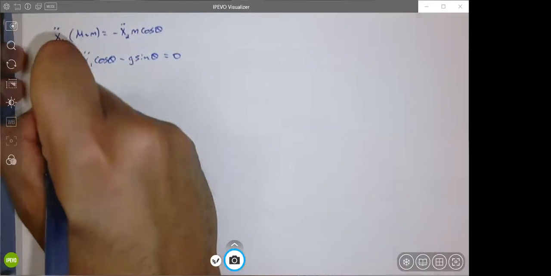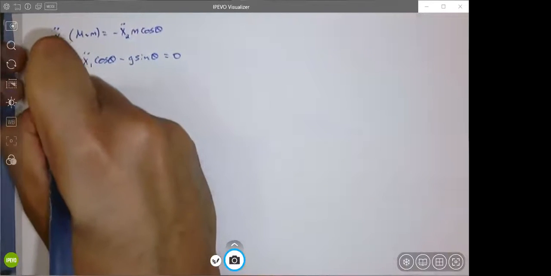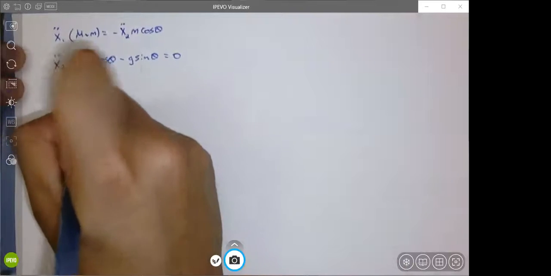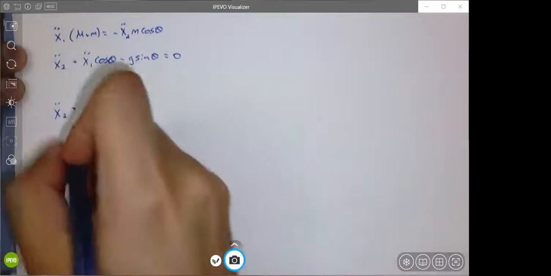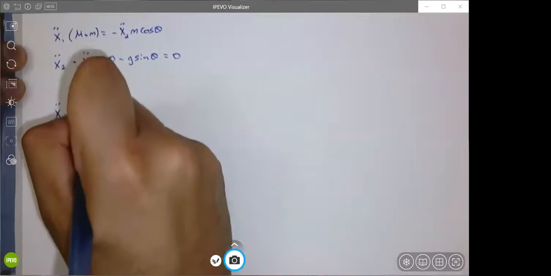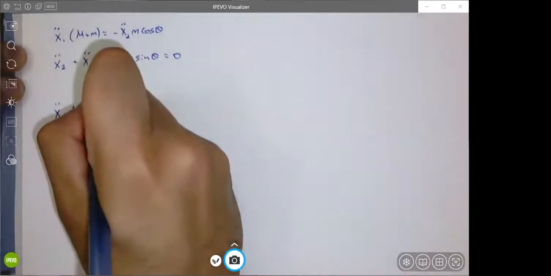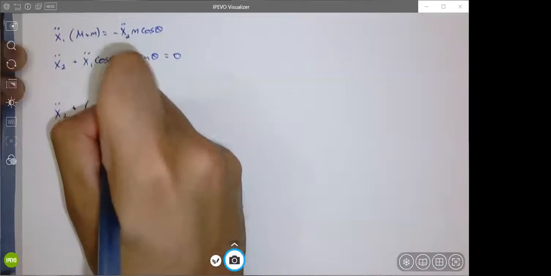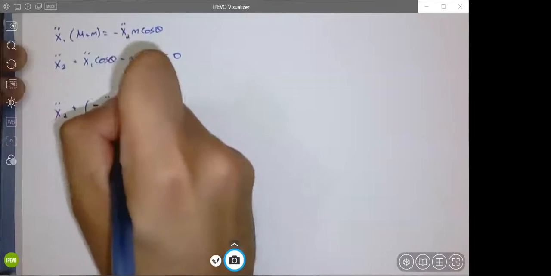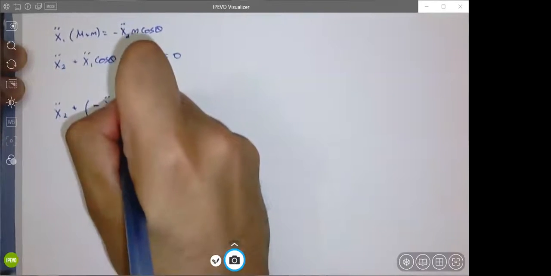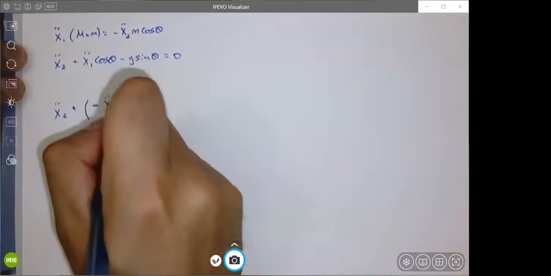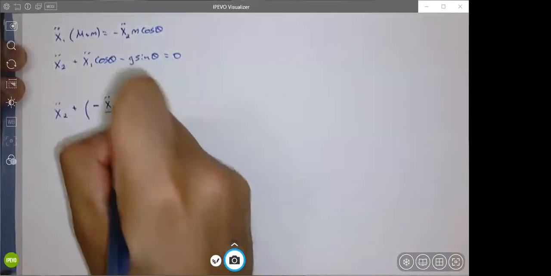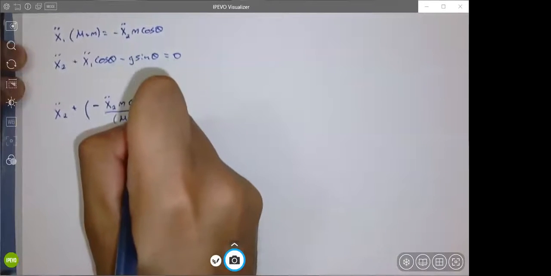So what we'll end up with is x2 double dot plus, I'm going to change x1 to this value right here. So it'll be plus negative x2 double dot m cosine theta divided by big M plus little m.